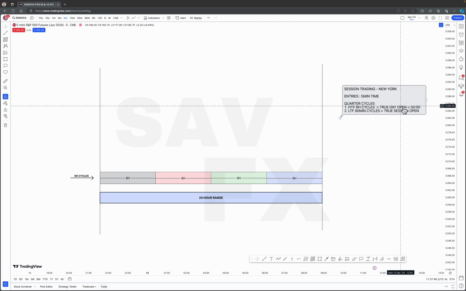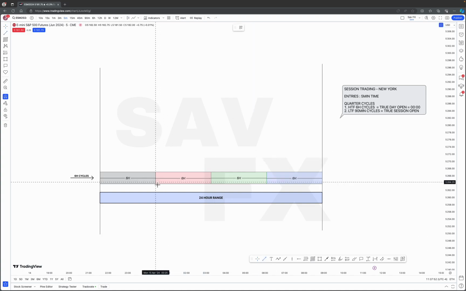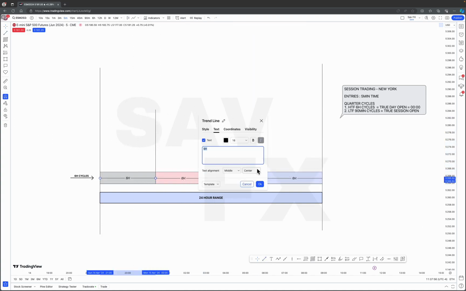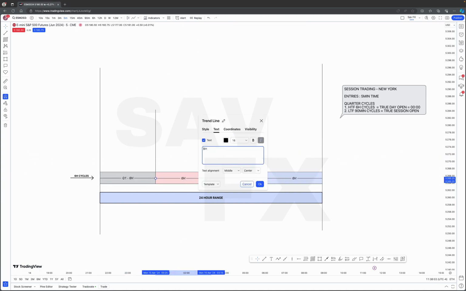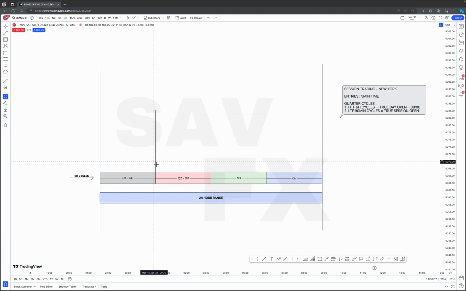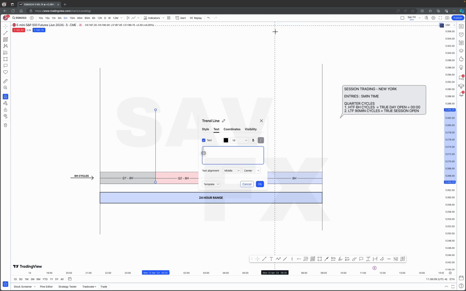Every day at midnight, it's a true day open for the new day, meaning the end of Q1 and the beginning of Q2, that midpoint right there, that is your true day open.